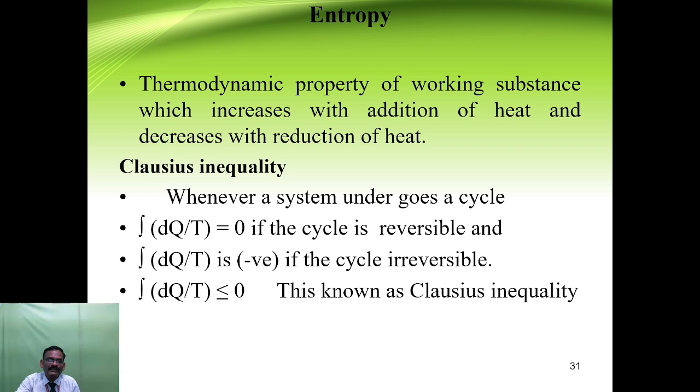And in addition to that, we saw that entropy is a property of a system. It has different values for different processes, and based upon the entropy, we classify the system into reversible, irreversible, and impossible. So these are some of the cases in the Clausius inequality.